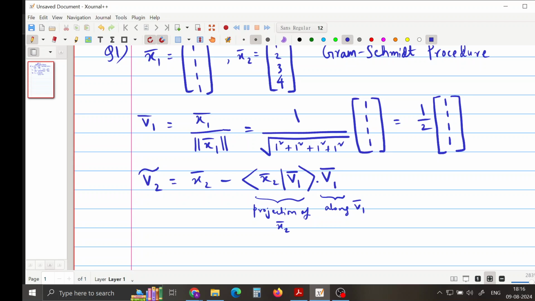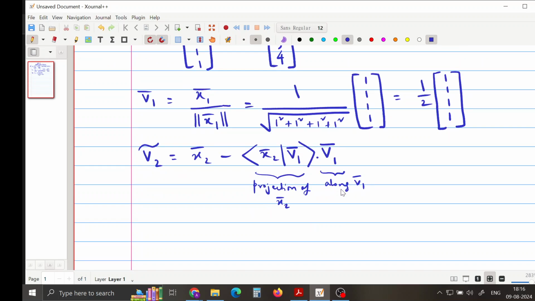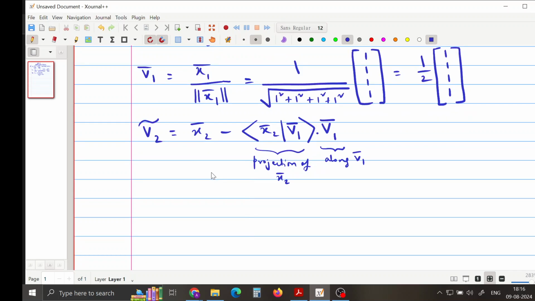So you're removing that part. If you remove the projection along v1, it ensures that the next vector, v2 tilde, would be orthogonal to v1, right? And once you do that, you normalize v2 tilde. So you divide it by its norm to get the second vector in the orthonormal set.